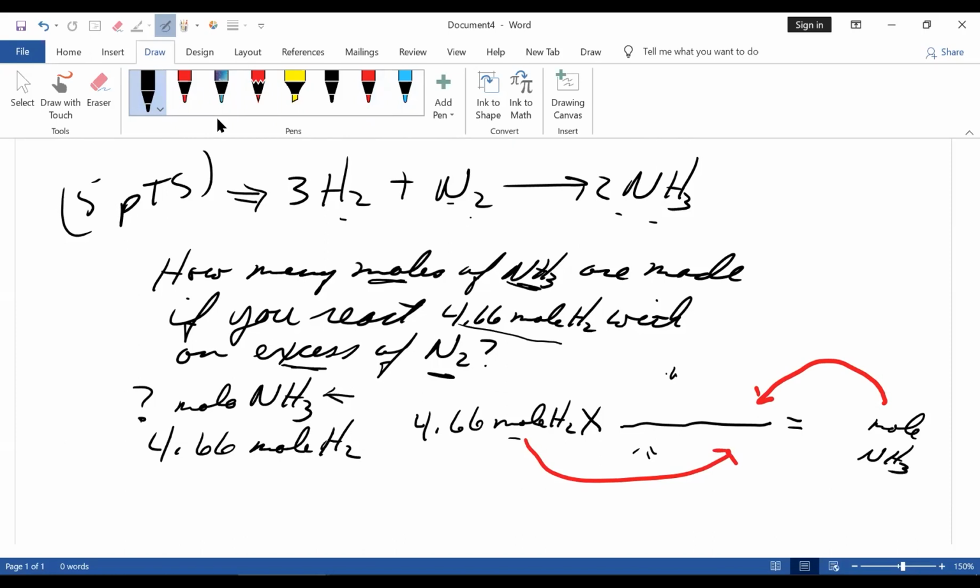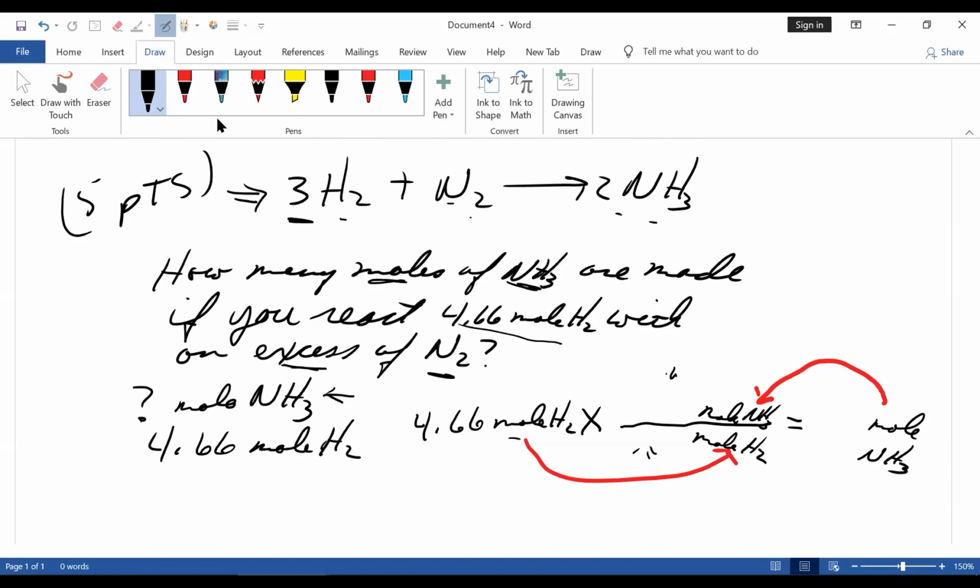Therefore, I'm trying to get to moles NH3. I'm trying to get rid of moles hydrogen. Now, where do I get these numbers? I come up here and see the coefficients of a balanced chemical equation give you the molar ratios.